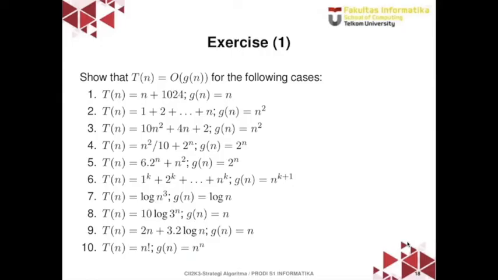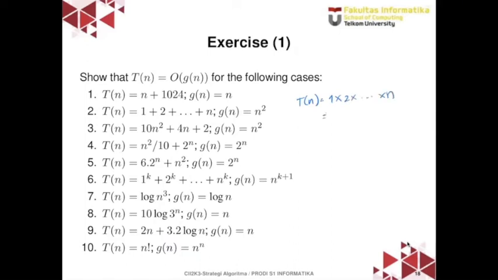The last one is similar to what we had in number 6. So Tn is n factorial, which means 1 times 2 times so on until n.